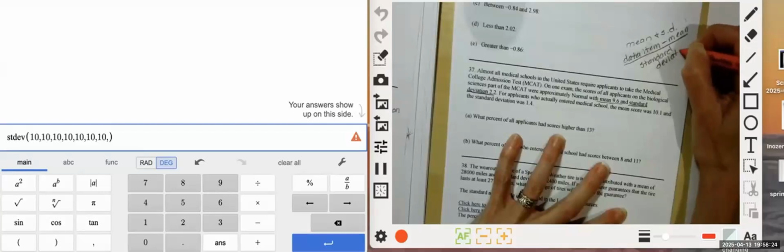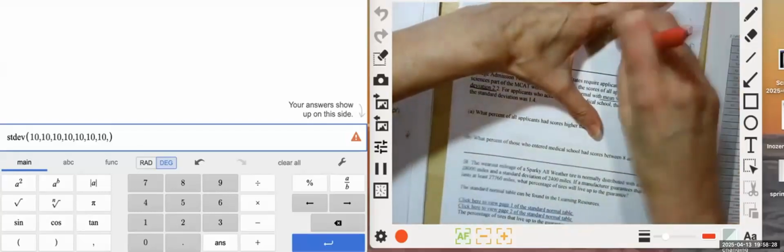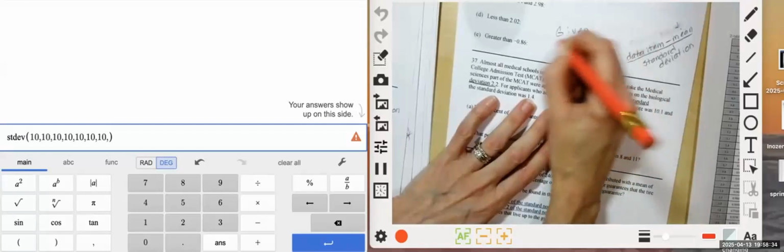The standard deviation is the 2.2. So given mean and standard deviation, we use this formula.